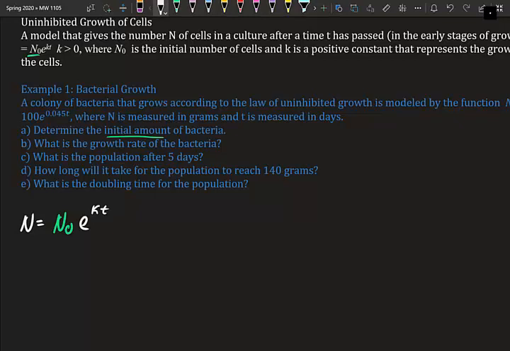But that's just the formula we're coming from. So if we plug in what we're given, 100 e to the power of 0.054t, if it's asking for the initial amount, what's in place of the initial amount? It's 100. So our initial amount equals 100 grams.